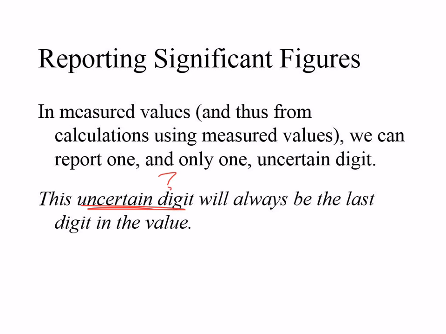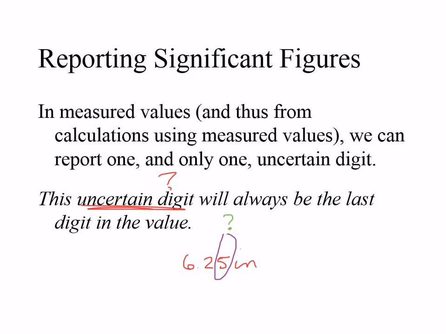So for instance, if I measure this pen and come up with 6.25 inches, this is telling you that the digit 5 in the 100ths place is uncertain. As you write from left to right, the rightmost digit, if there is uncertainty, is uncertain.